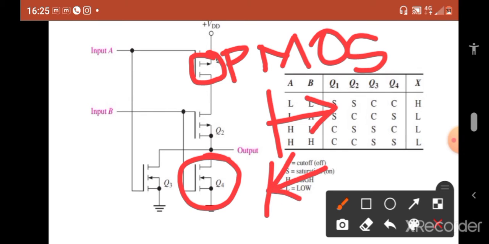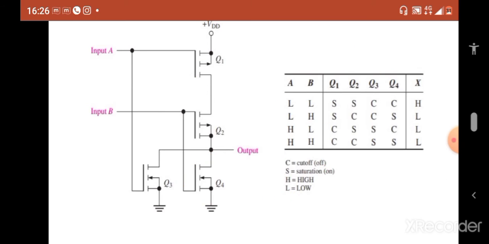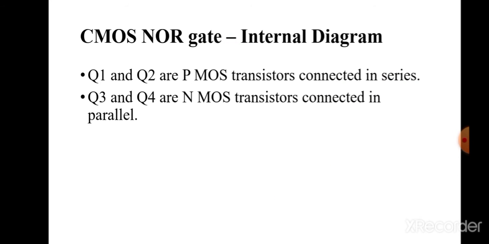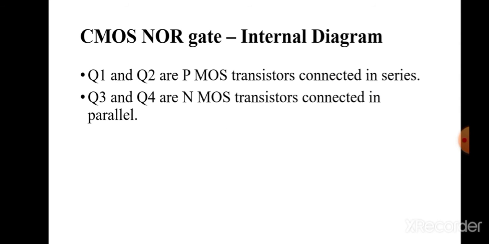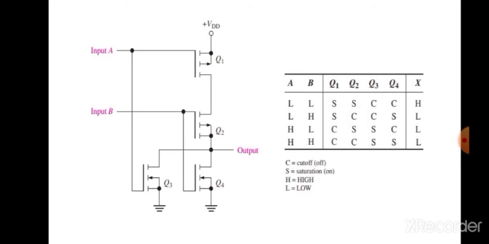Sign away means it is PMOS, and sign towards means it is NMOS. So the NMOS are connected in parallel and PMOS are connected in series.